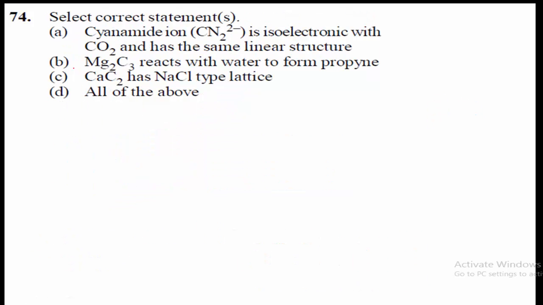74th, select the correct statement. Option A, cyanamide ion is isoelectronic with CO2 and has the same linear structure. Option B, Mg2C3 reacts with water to form propyne. Option C, CaC2 has NaCl type lattice. D, all of the above.